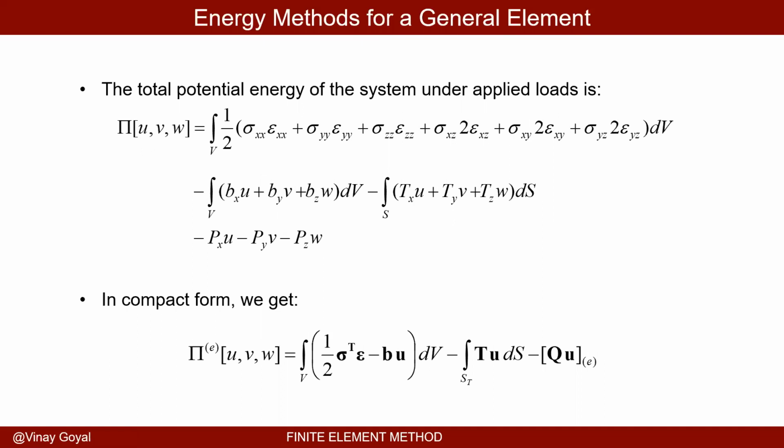Energy methods for a general element. So what are we looking at here? The energy methods for a general element formulation. How do we get there? We have the total potential energy of the system under applied loads.